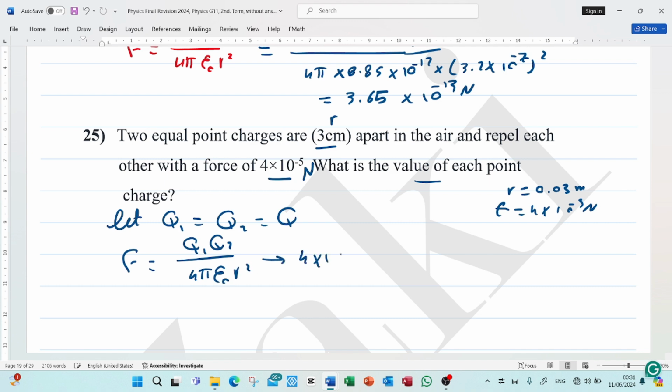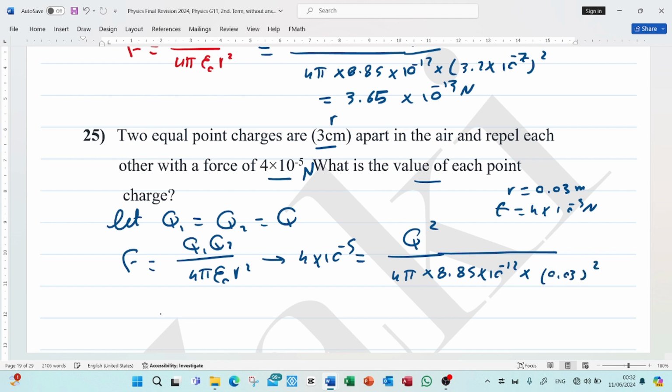So 4 times 10 power negative 5 equals Q times Q, which is Q squared, over 4 pi epsilon naught, 8.85 times 10 power negative 12, multiply R, the distance here, 0.03 squared. From this, we get Q squared as 4 times 10 power negative 18. And from Q squared, we take the square root, so it's 2 times 10 power negative 19 coulomb.